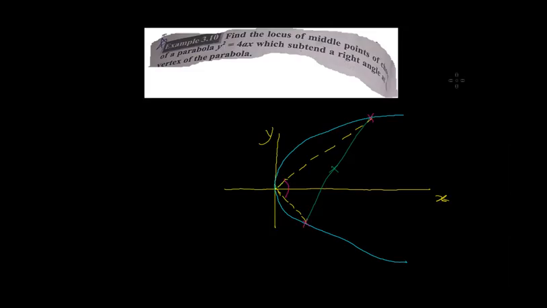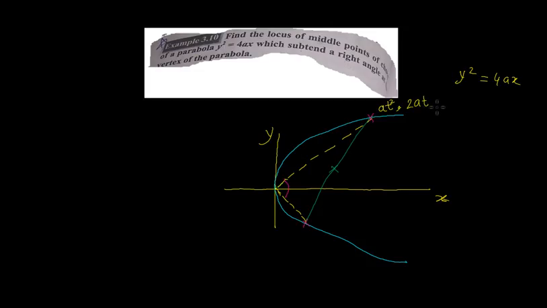If you have a parabola like y square is equal to 4ax, then x is equal to a t square, and your y will be equal to 2at.